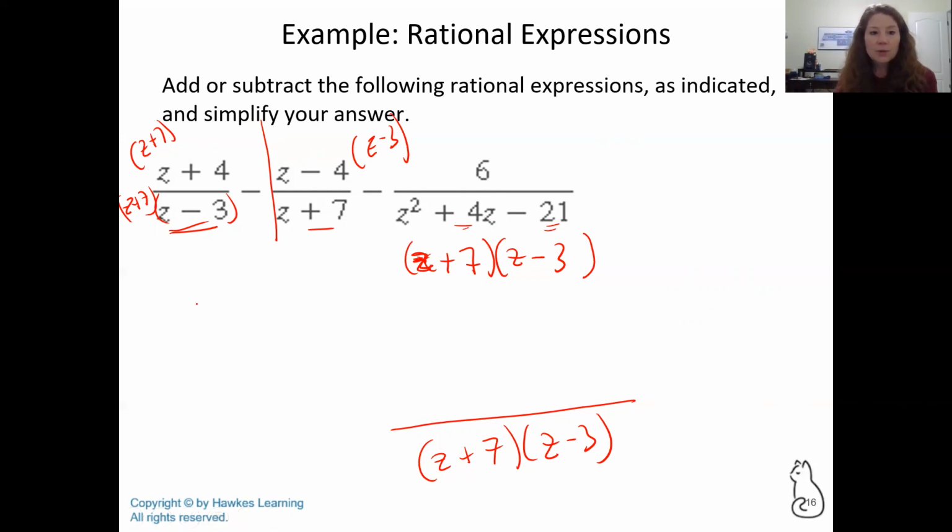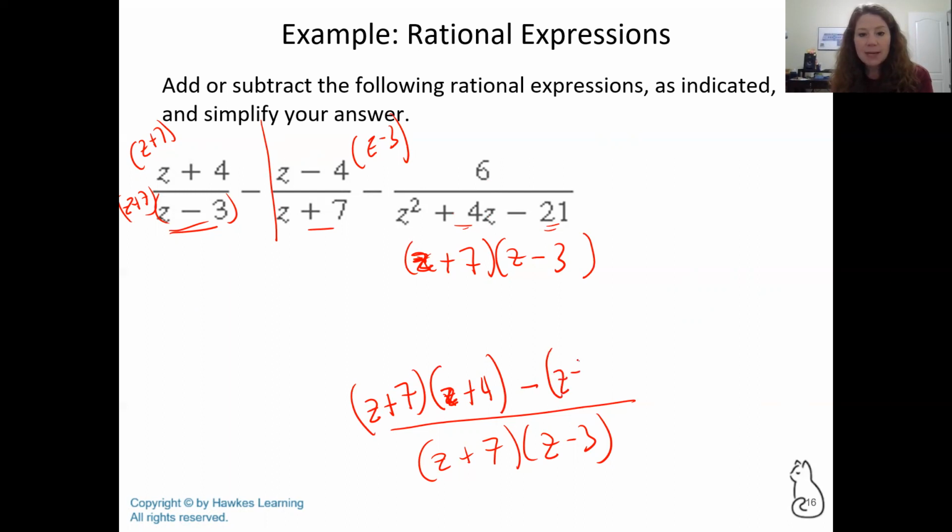So we're going to multiply z plus 7 times z plus 4, and then we're going to do minus z minus 4, z minus 3, and then minus 6, right?